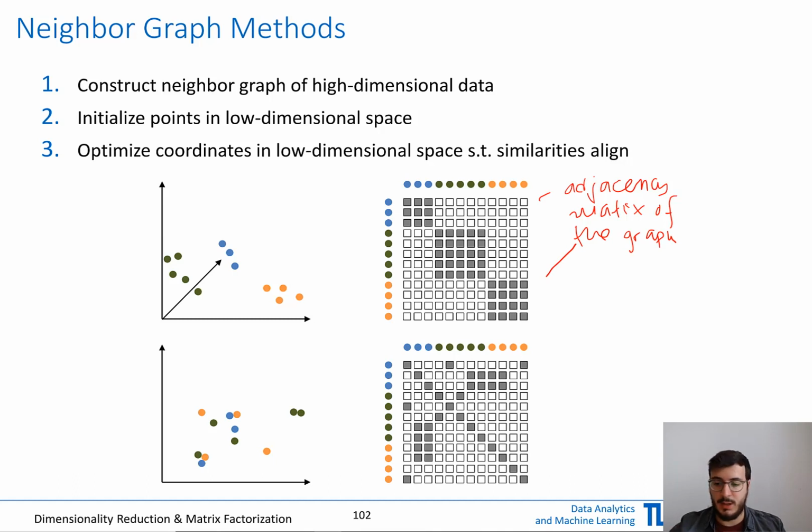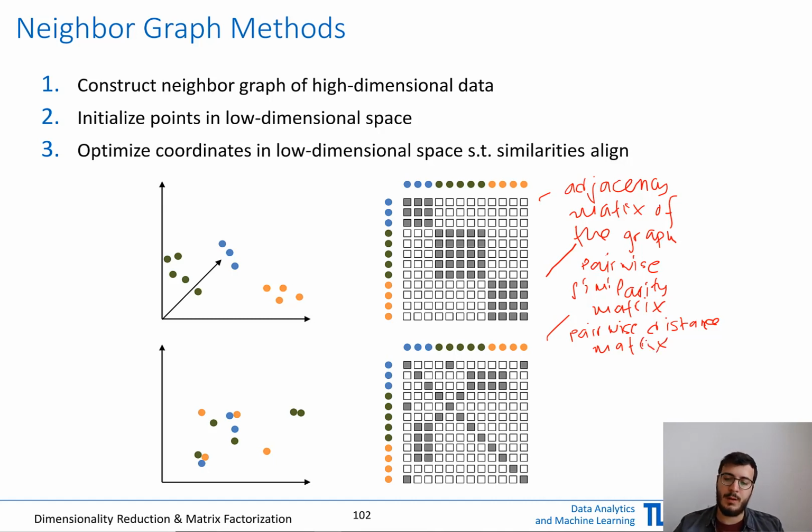Or it's alternatively but equivalently a pairwise similarity matrix. Or alternatively, it's a pairwise distance matrix. So all of these different interpretations are equivalent.